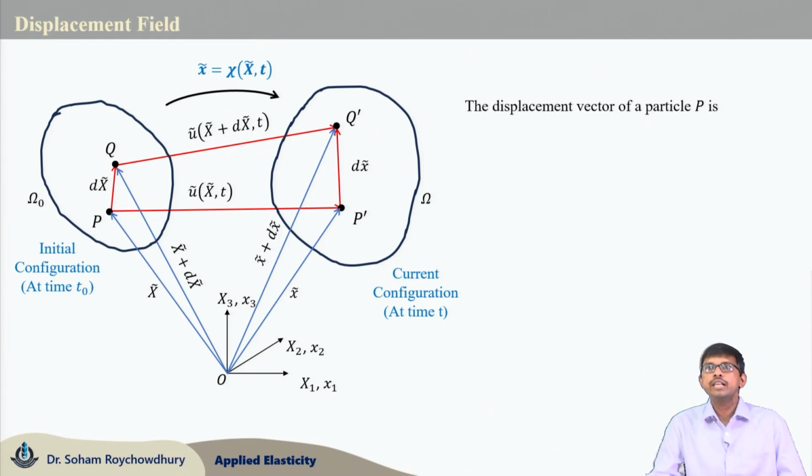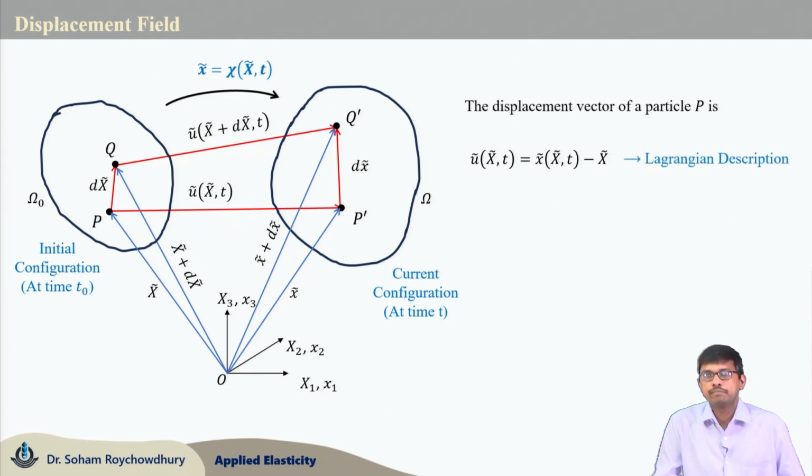The formal definition of displacement vector of particle P in the Lagrangian or material description is u equals small x minus capital X, where both u and small x are functions of undeformed material coordinate capital X and time. This is the definition of displacement vector in material description.